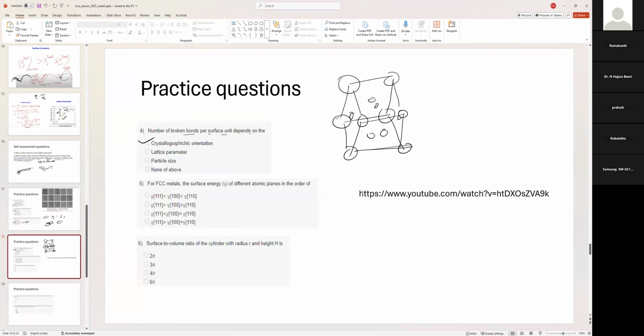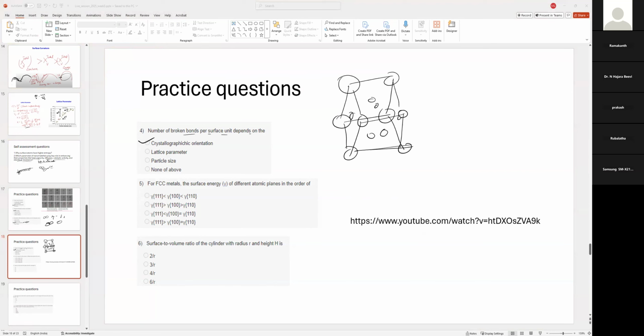I found a good derivation for this question here. According to that, what you get is gamma 110, gamma 100.